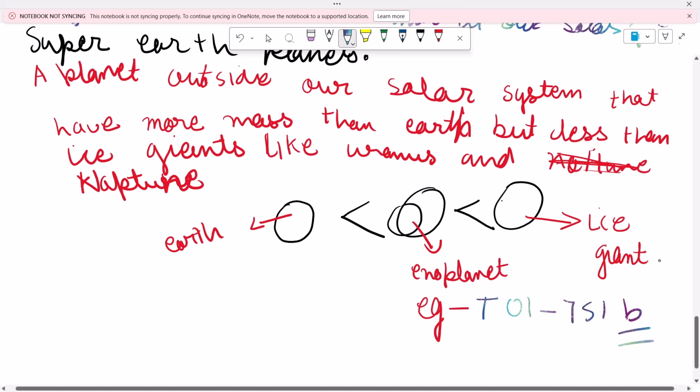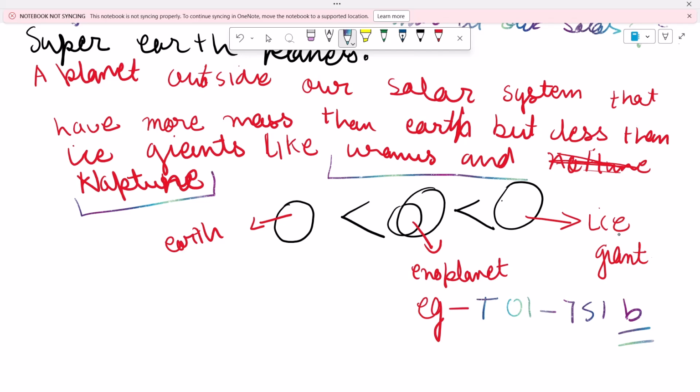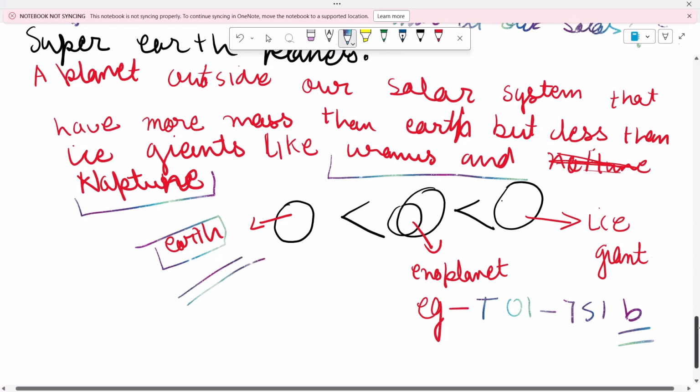You have already known that Uranus and Neptune are examples of ice giants, and Earth is itself an example, our home planet.